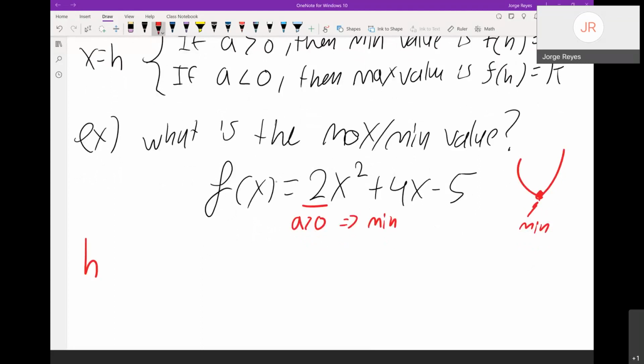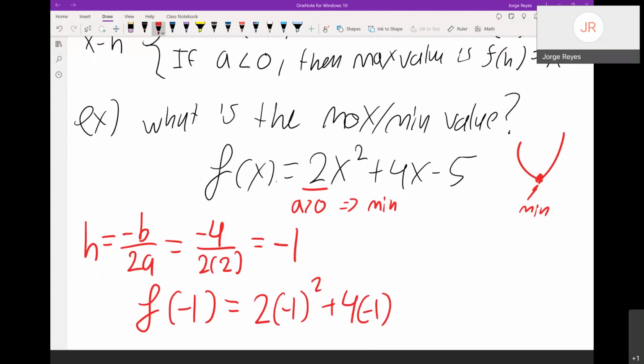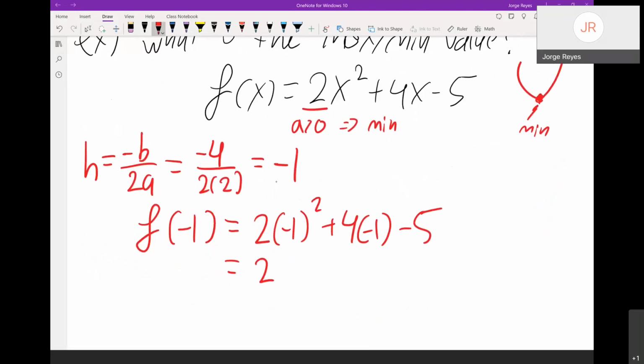So h is negative b over 2a, which is negative 4 divided by 2 times 2, which is negative 1. So f of negative 1 is 2 times negative 1 squared, plus 4 times negative 1, minus 5.